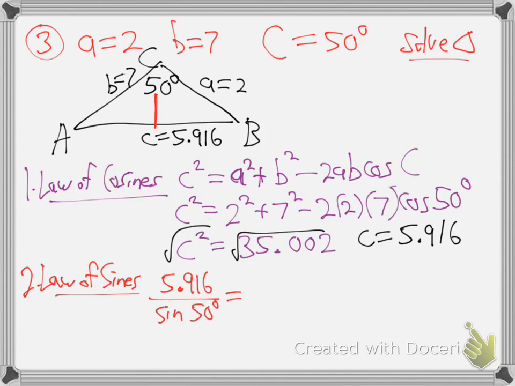Now, what other pair? Presley, just a quick question. Are they ever going to pair it up with the largest side like that, where we have to use the one that we have to use? Oh, it could be, but that's actually not a problem. You're saying like what if C was 9.3 or something, the biggest side? It's actually fine, and you would use that because that's what you got.